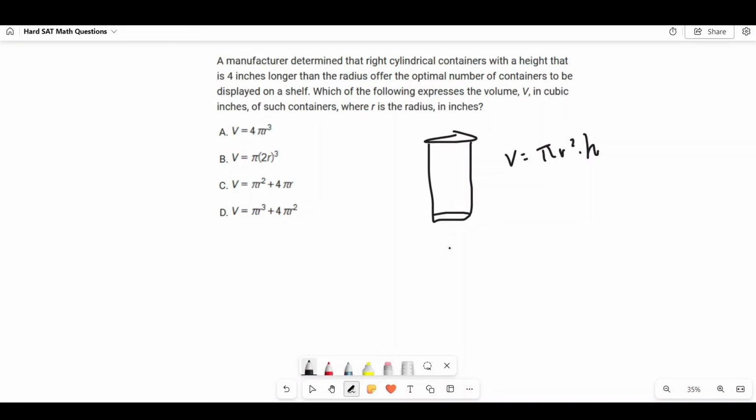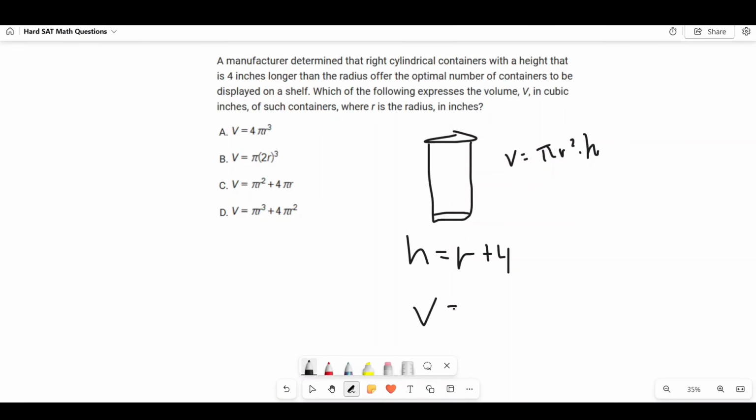Lastly, we're given this geometry question where they give you a cylinder and they're saying the height is 4 inches longer than the radius, and what is the volume expressed like that? So how I did it was I set h equal to r plus 4, and then I just replaced the h with that, because if you can see in the answer choices, there's no h in them.